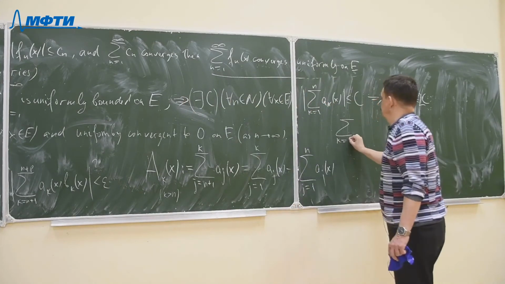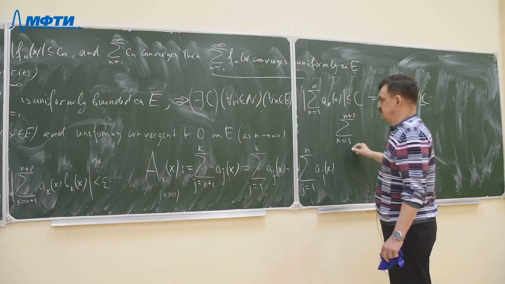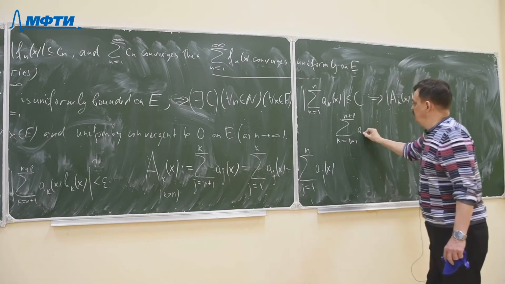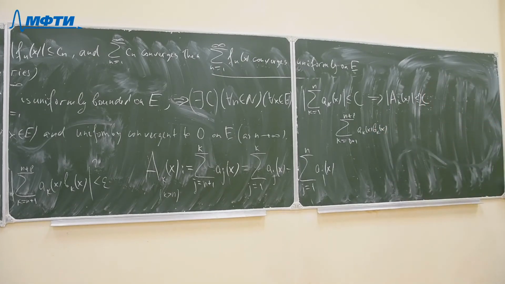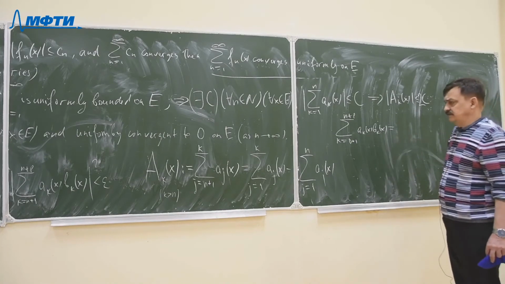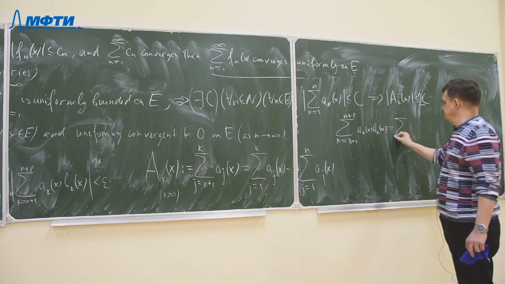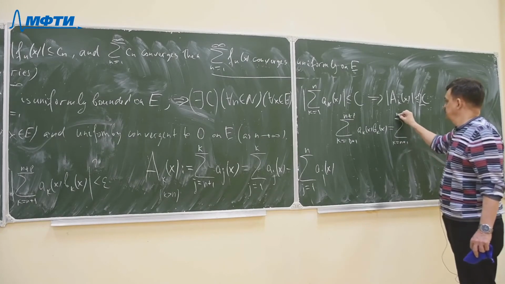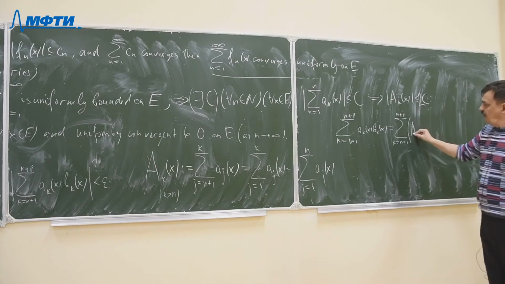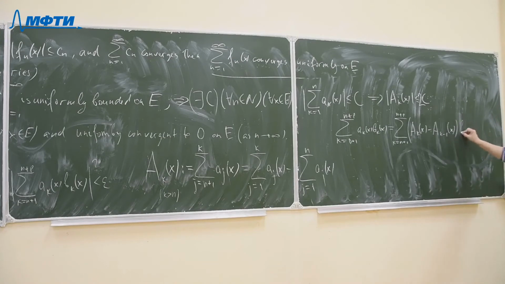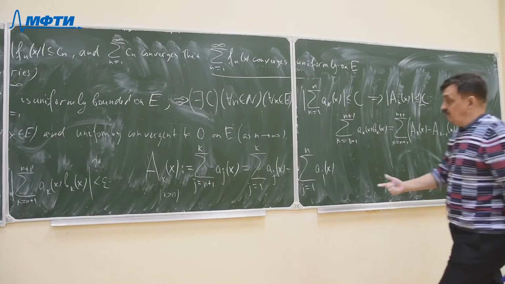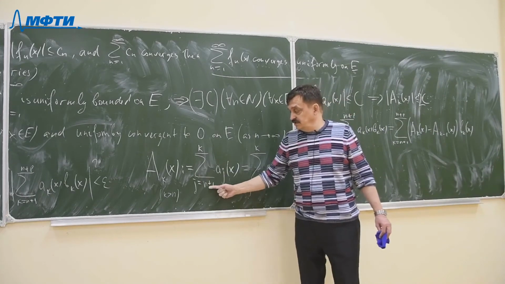So we proceed with that: from n plus 1, a_k of x, b_k of x. I represent little a as a difference between capital A_k and capital A_{k minus 1}. Why? Because capital A is the sum of all terms a_j starting from n plus 1, right?